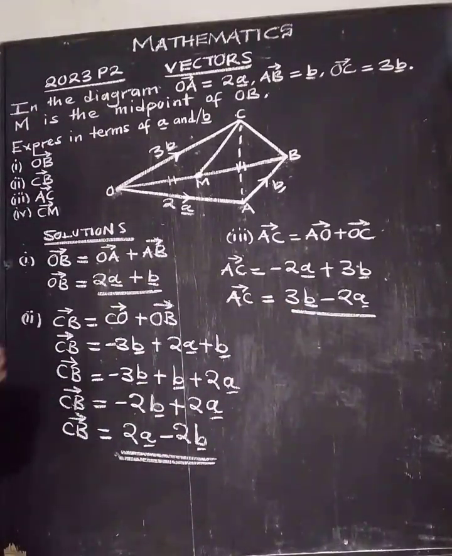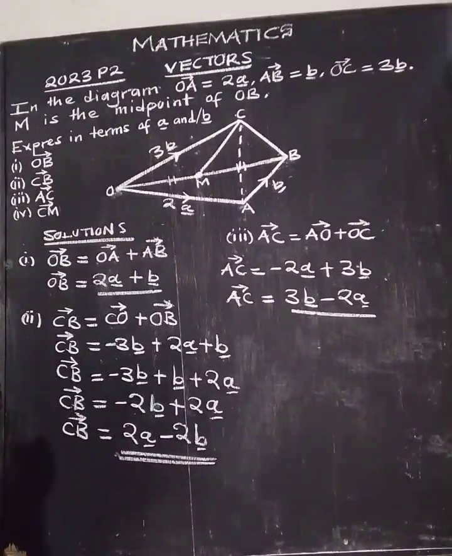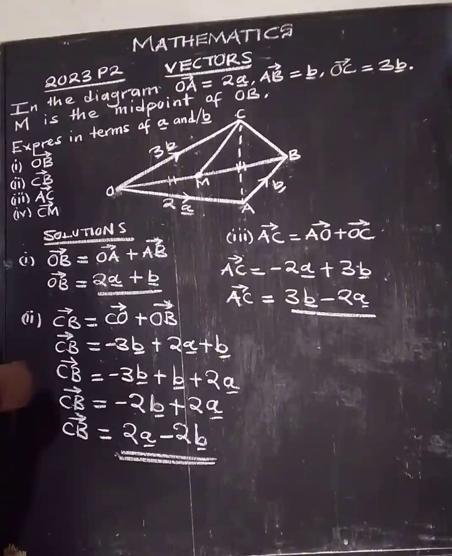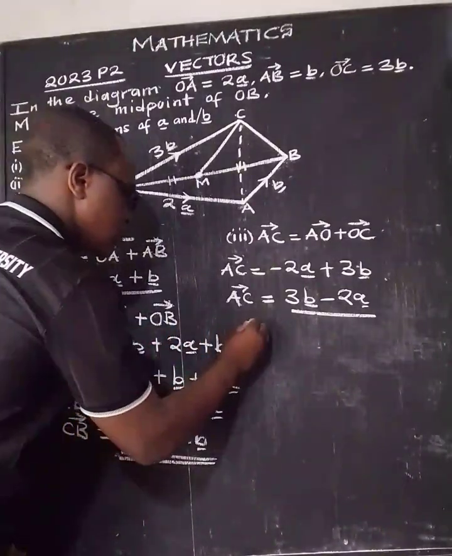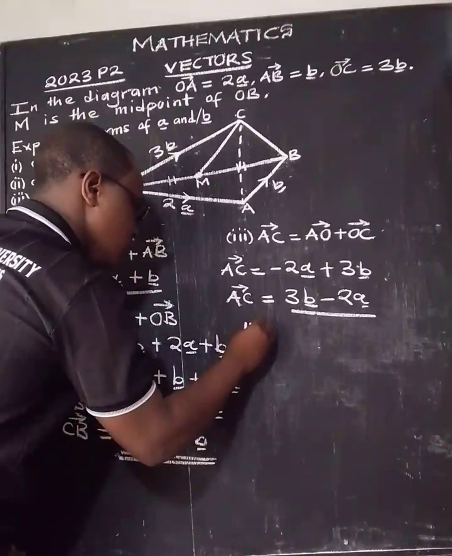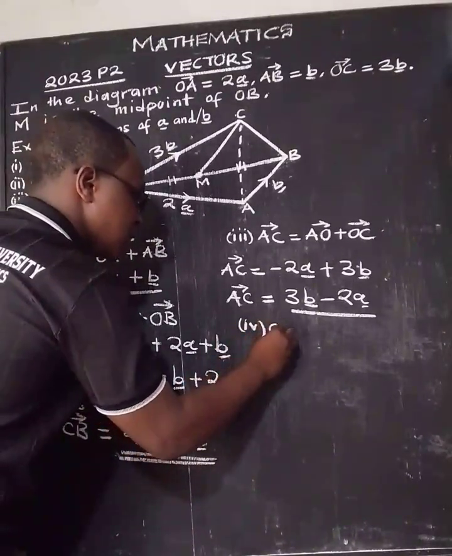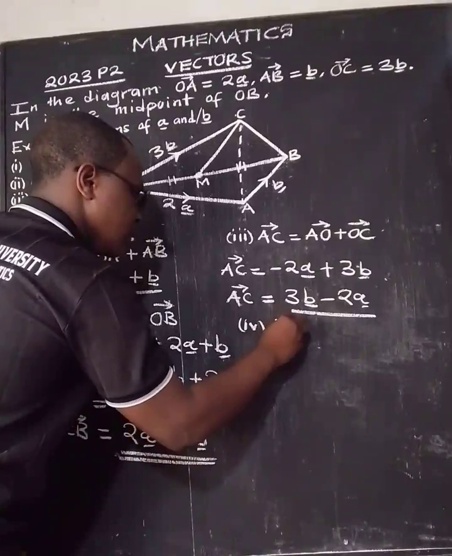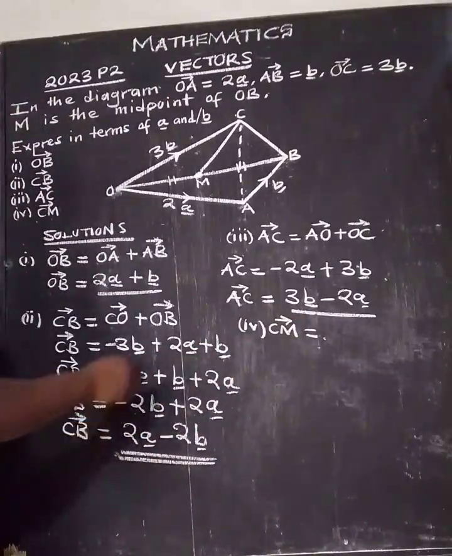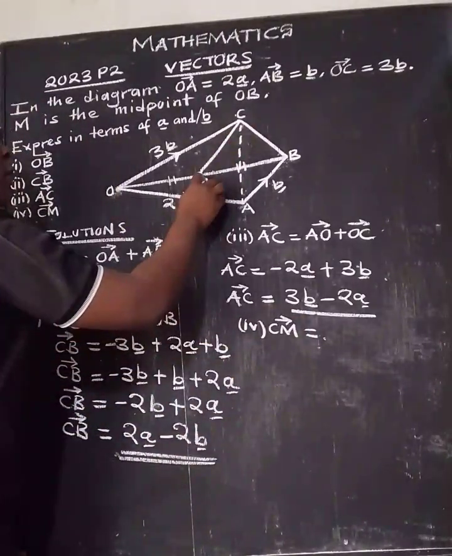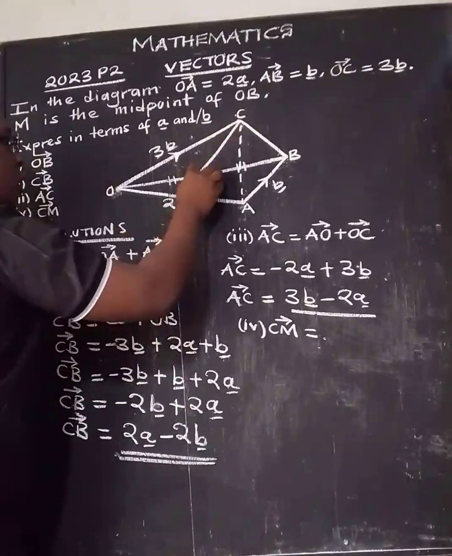Then let's look at now the last one. So the last one is CM, Roman numeral 4. You want us to find CM. So how can we move from C to M?